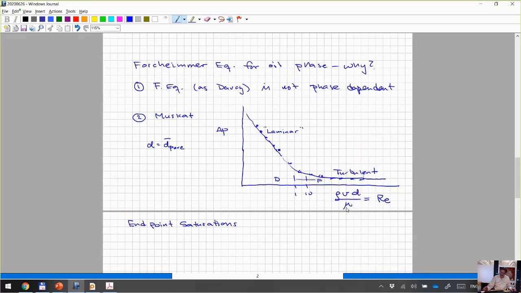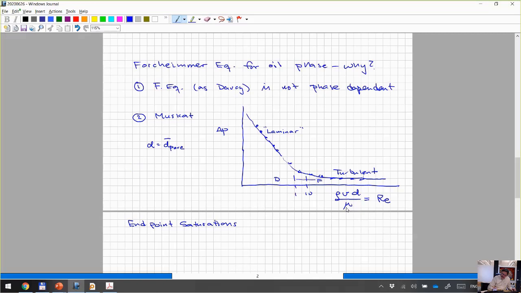So that's basically the second reason. If you have an oil that's flowing, it's got a density and pore size distribution and viscosity and so forth, where you depart from this -1 slope, then the Forchheimer equation applies.